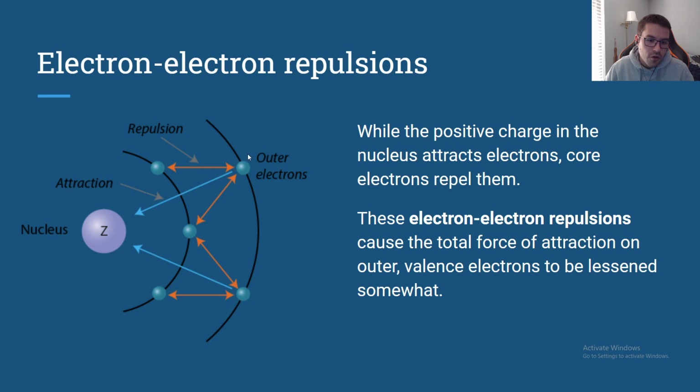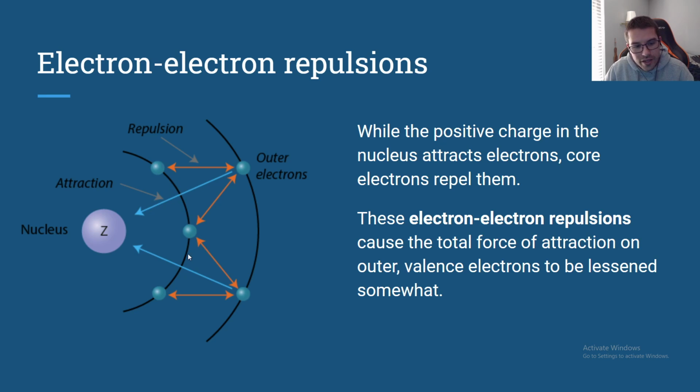So let's pretend that you're this guy, okay? You are this electron here, a valence electron. Let's talk about the types of electrostatic forces that you are experiencing, okay? You are negatively charged, and the nucleus is positively charged. So you are feeling a force of attraction towards the nucleus. That's represented with this light blue arrow.